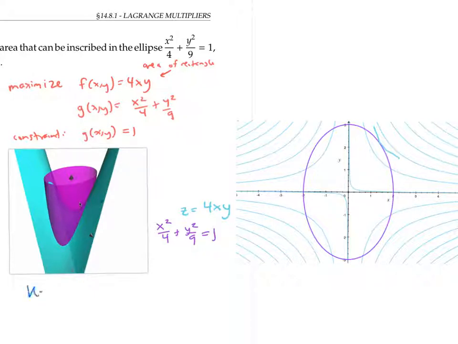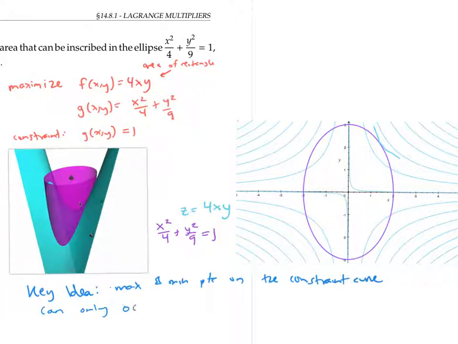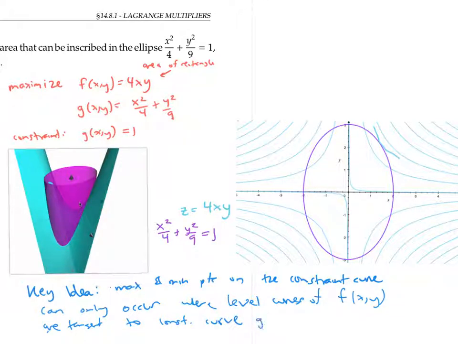So the key idea here is that the max and min points on the constraint curve can only occur where the level curves of f are tangent to the constraint curve, g of x, y equals 1.